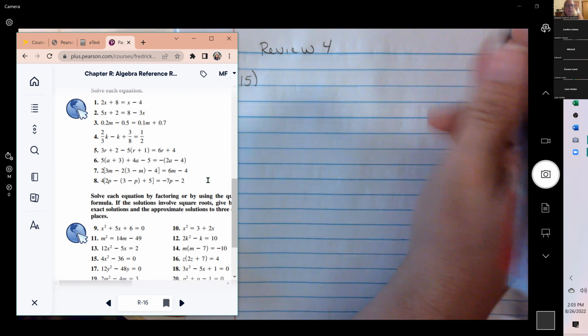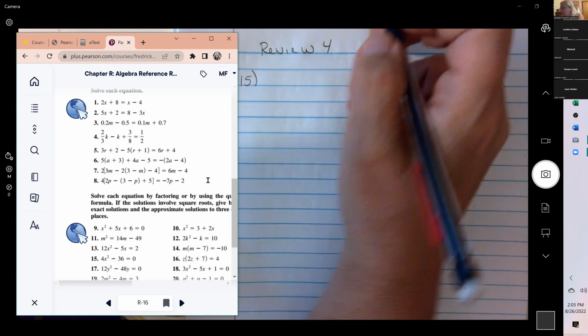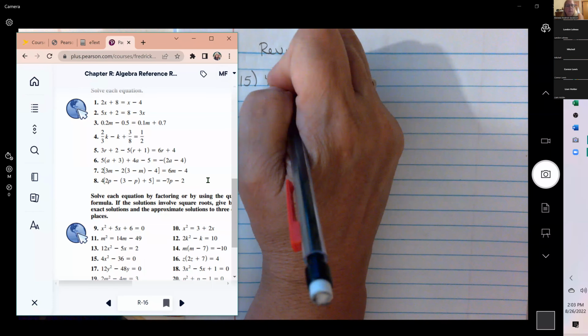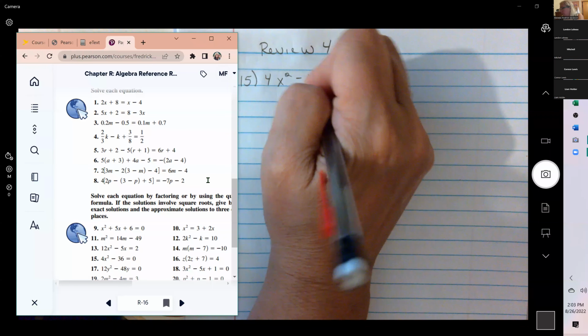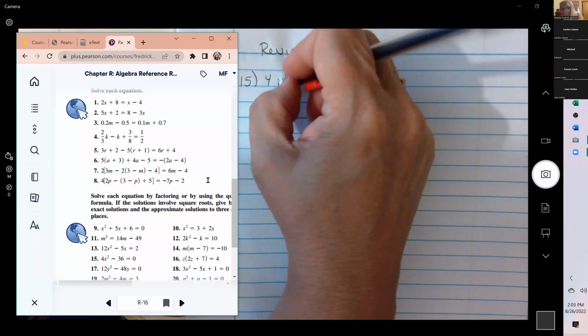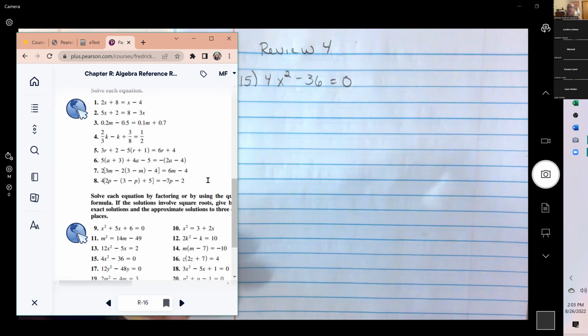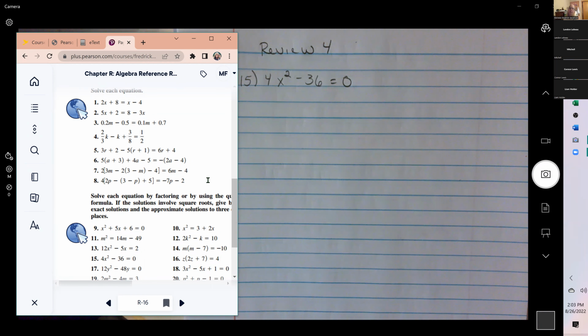Number 15. Now these ones, notice that you have a squared term: 4x squared minus 36 equals 0. When you have a squared term, you need to factor it, or we could use the quadratic formula.